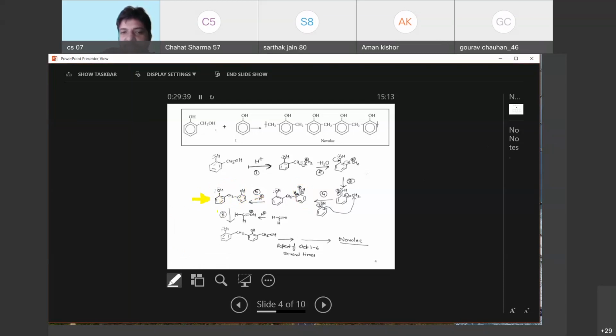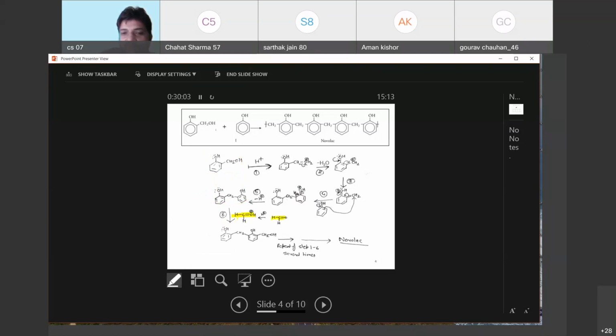So once this molecule is formed, now if you see here, we started from one benzene ring. Now here we have 2 benzene rings. Okay, now this molecule then reacts with formaldehyde.